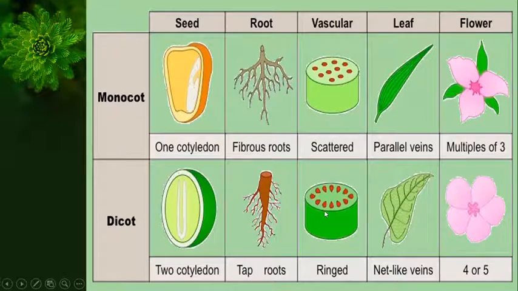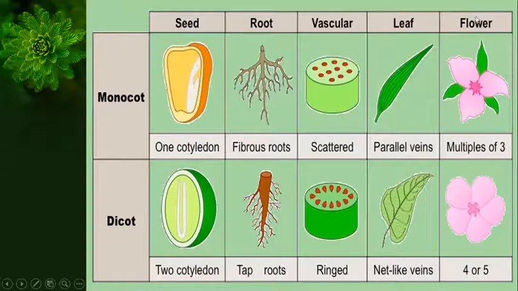But the dicot stem has the vascular tissue arranged in a ring. The leaf structure is also different. The monocot leaves have parallel veins, the lines parallel to each other. But in the dicot leaves, the veins are net-like.